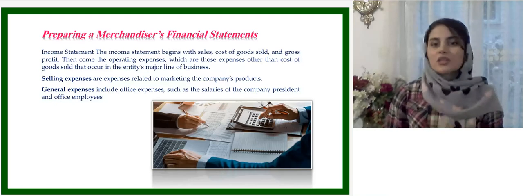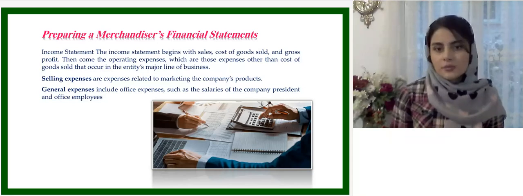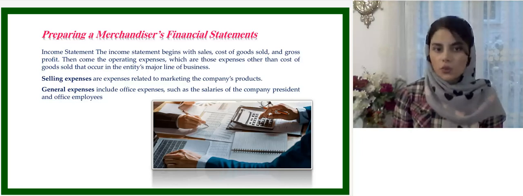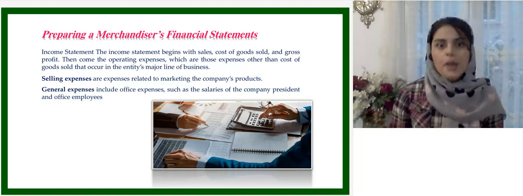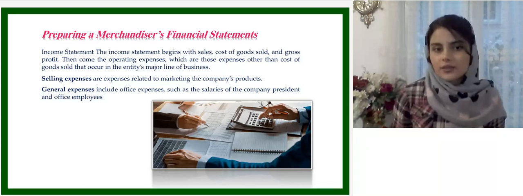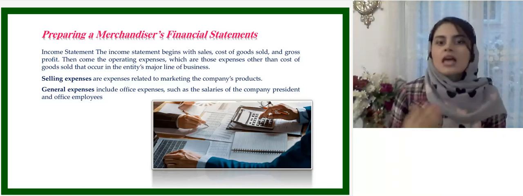The income statement begins with sales, cost of goods sold, and gross profit. Then come the operating expenses, which are those expenses other than cost of goods sold that occur in the entity's major line of business. Many companies report operating expenses in two categories: selling expenses and general expenses.